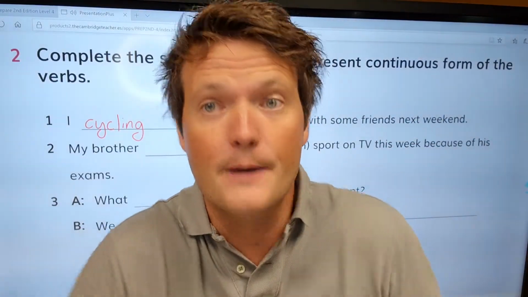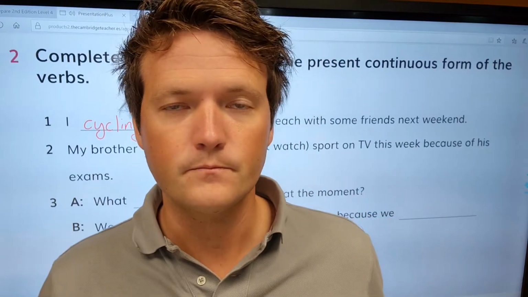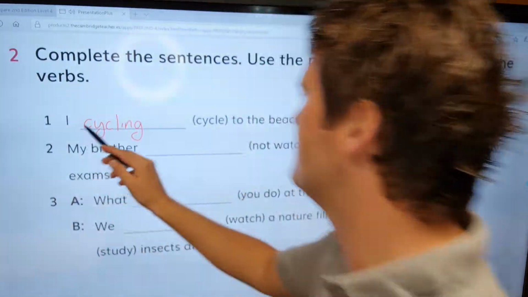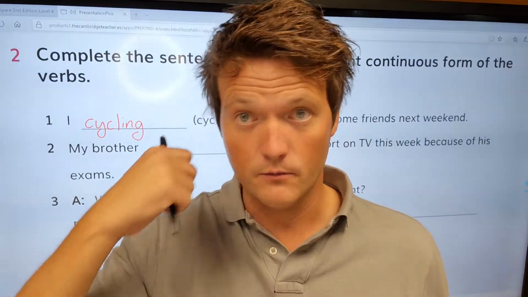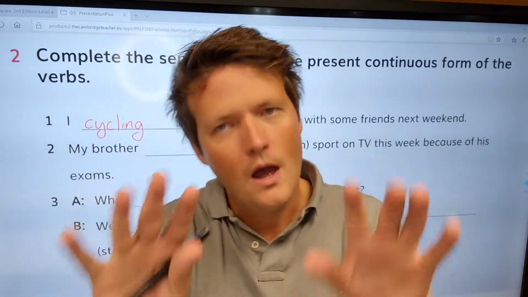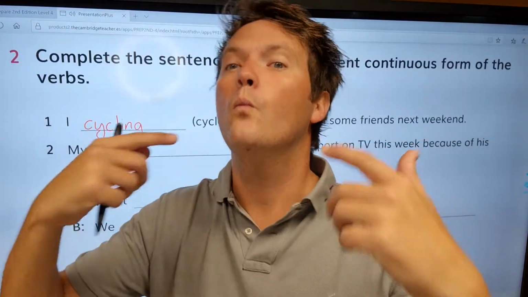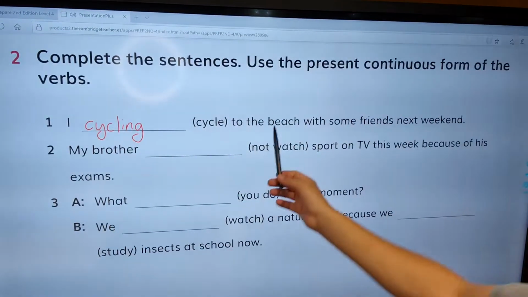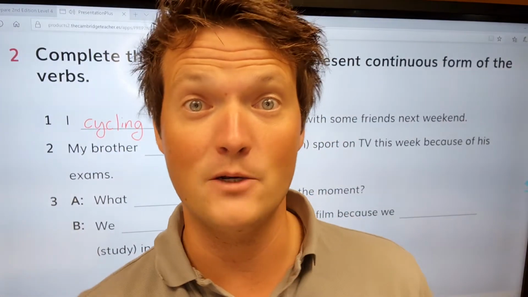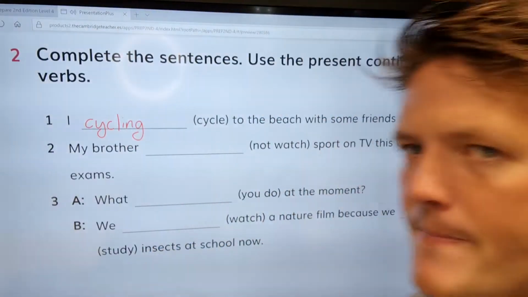How am I going to get there? I'm going to cycle. But we say it as though we're pedaling right now. No, I'm cycling to the beach. Right now? How are you talking to me? On your phone? No. I'm cycling to the beach next weekend, right? I'm telling you what I will be doing next weekend. It's a plan that I have made with my friends, right?